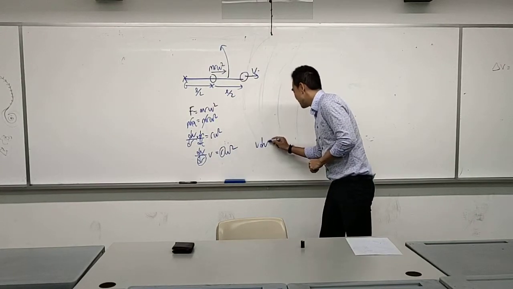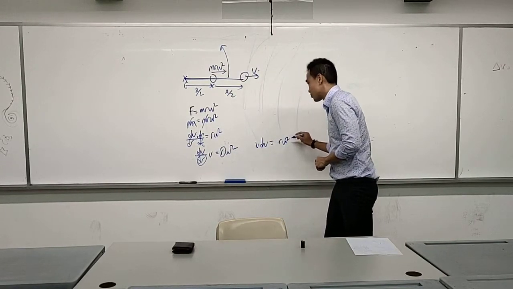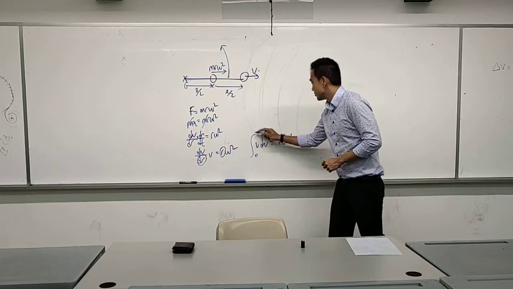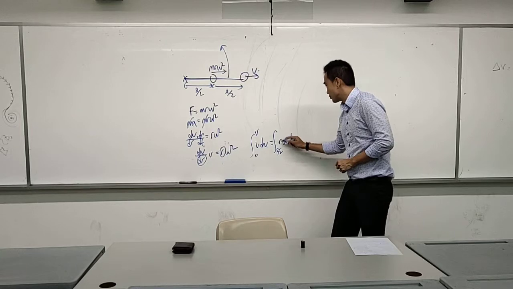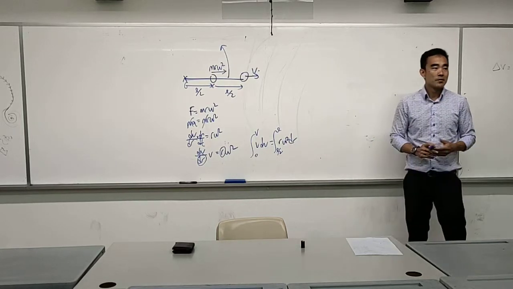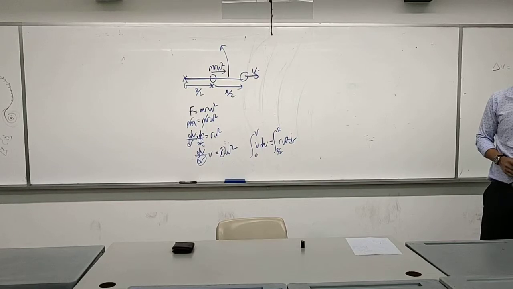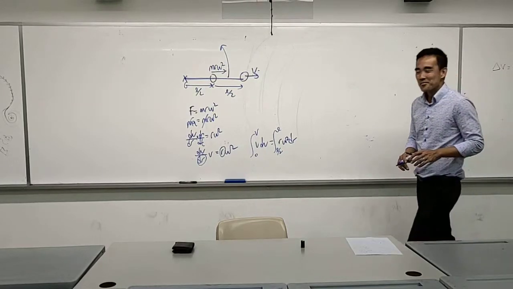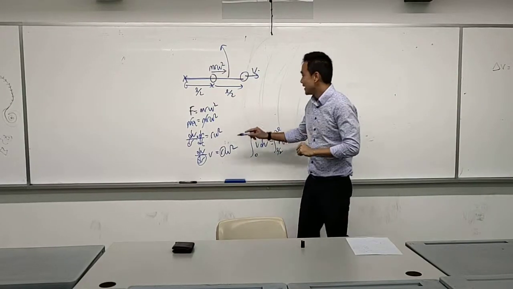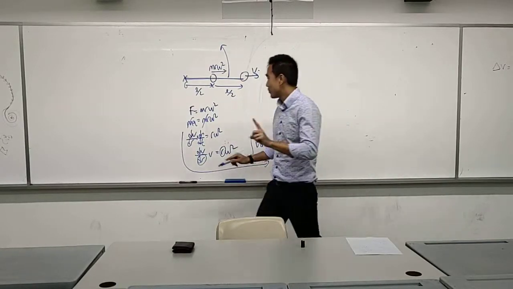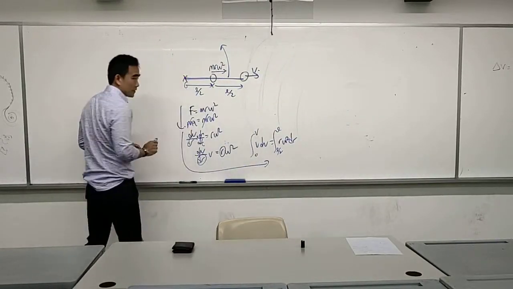Therefore, I have v dv equals r omega squared dr. If you integrate this from 0 to speed v, and from L on 2 to L, you'll be able to get an expression for v. From here onwards, it is math. What I want to focus on is this portion here.